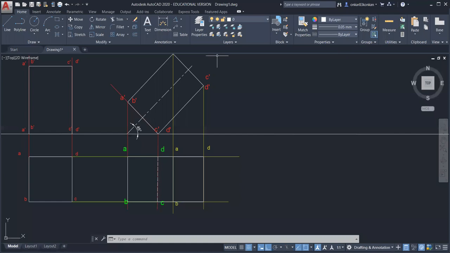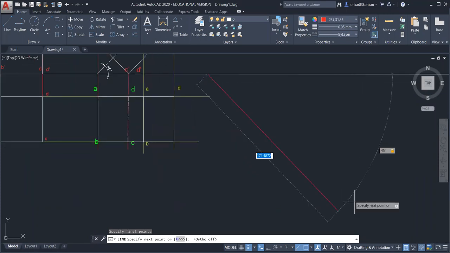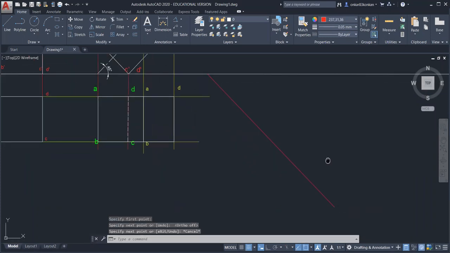So draw one line at 45 degrees because we want to make this CD inclined at 45 degrees.